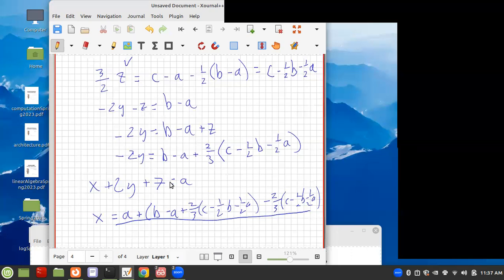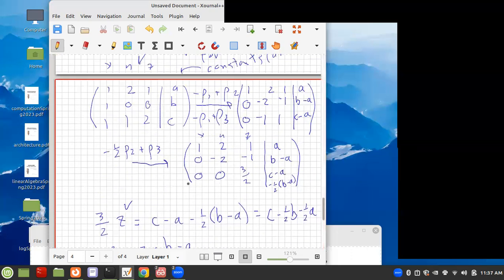So in one sense, you can stop here and say, okay, all variables are leading. So there is, and there's no contradiction, so there is a solution.